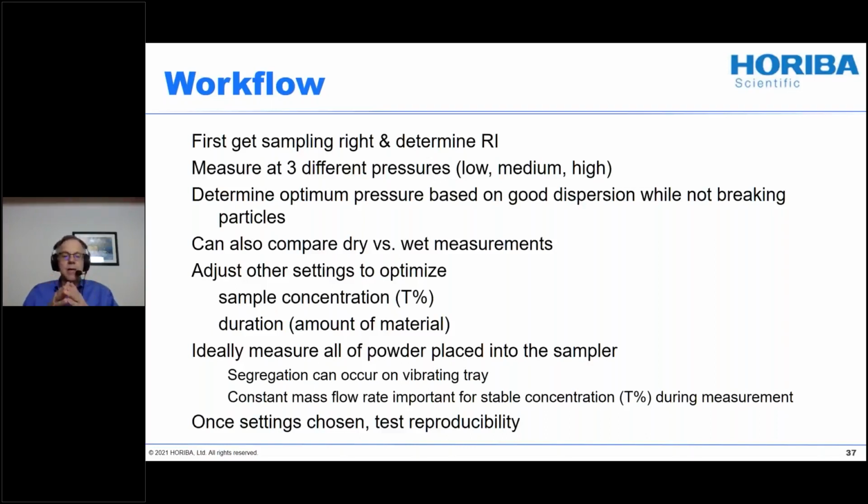You want to systematically measure at different pressures, and this is air pressure to disperse the particles. Find your optimum pressure. You might compare dry versus wet in your method as well. You'll adjust your other settings for T% and duration, really amount of material, and then test reproducibility.